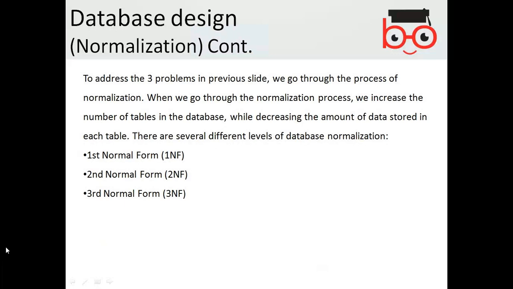To address the three problems in the previous slide, we go through the process of normalization. When we go through the normalization process, we increase the number of tables in the database while decreasing the amount of data stored in each table.